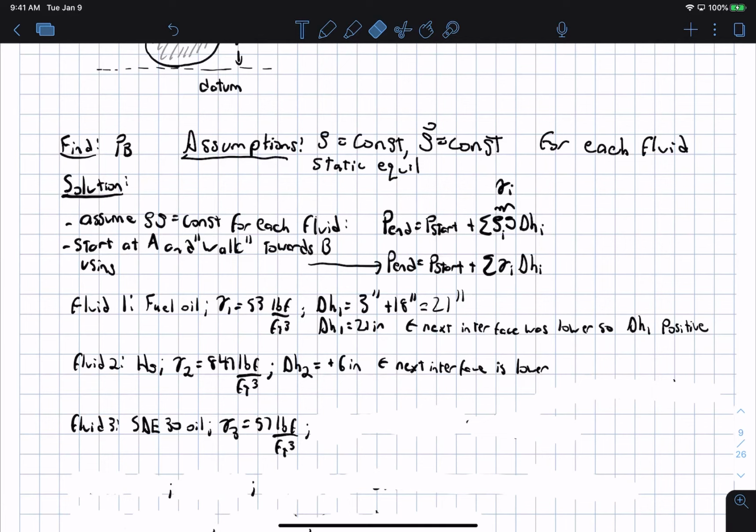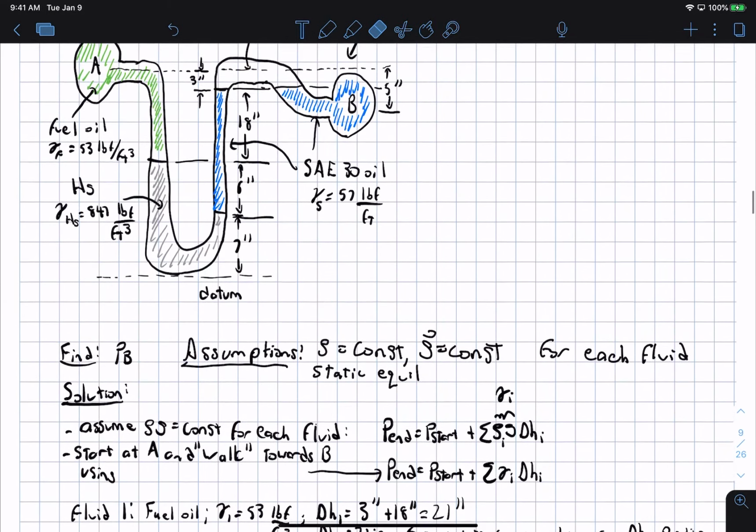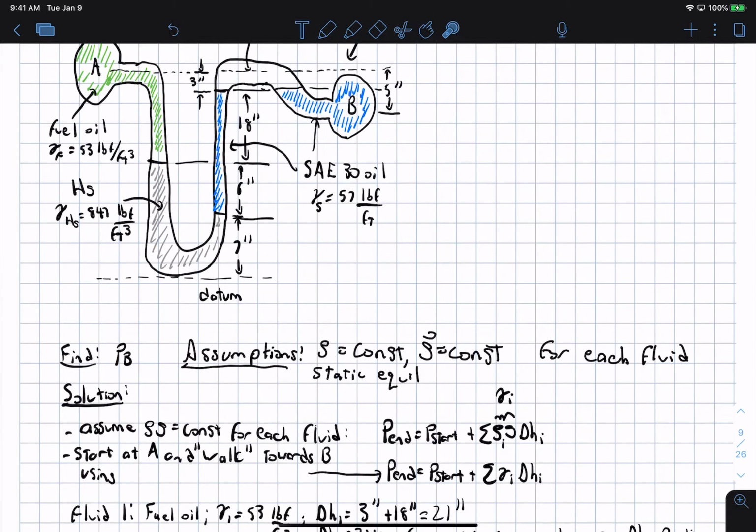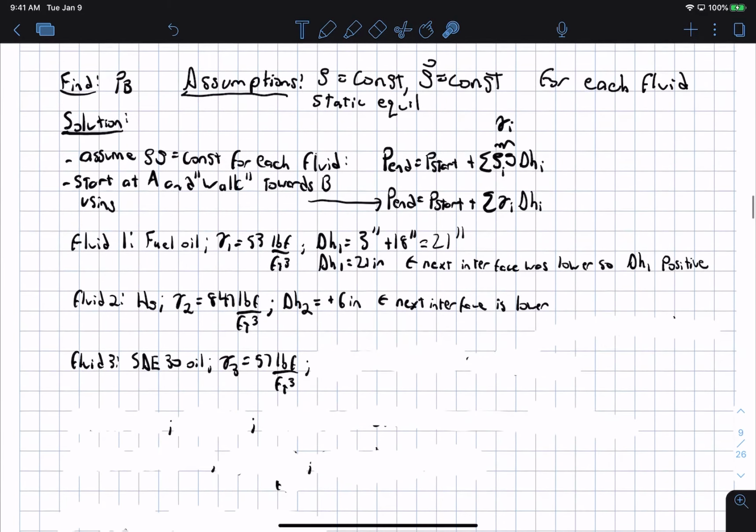And then for that fluid, I go up 6 inches, and then I go up another 18 inches until I hit the air interface. Okay. So I just keep tabs of that. And so the change of height here is 18 plus 6 inches.